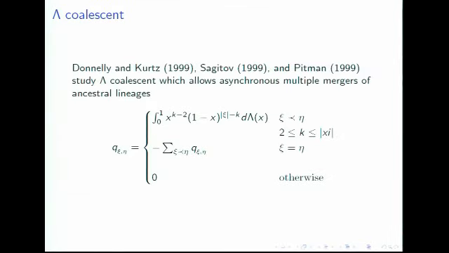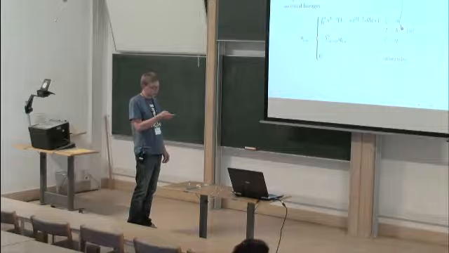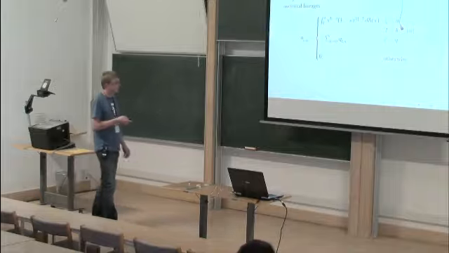So recently these multiple merger coalescents have been introduced, where you allow more than 2 lineages to coalesce each time. As in the Kingman coalescent, you only allow 1 group to merge at any time. There are also simultaneous multiple mergers, but I'm not going to talk about those today.